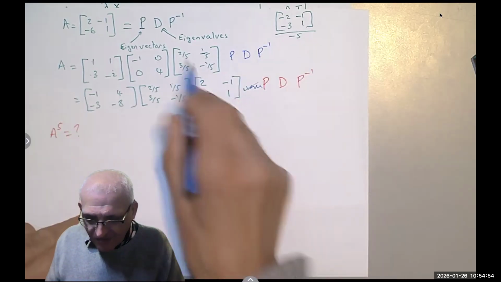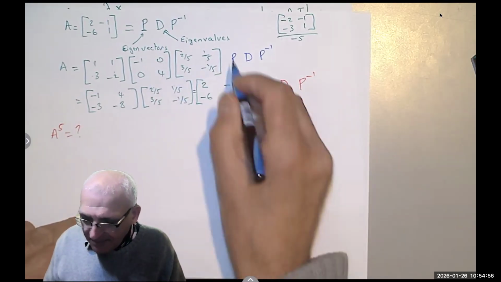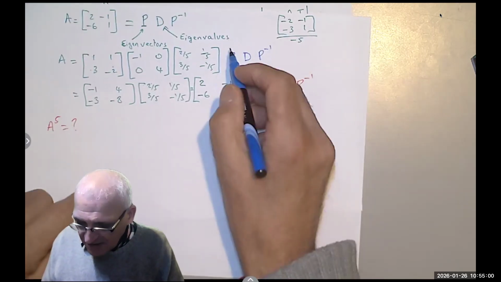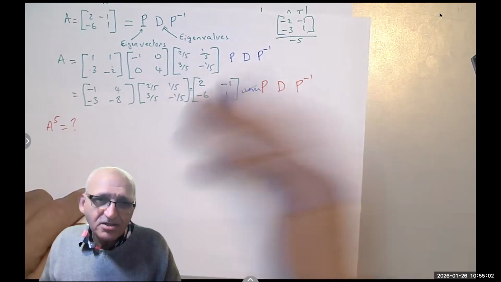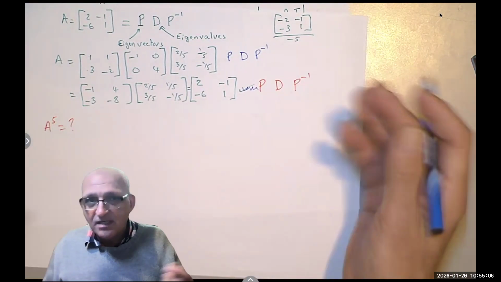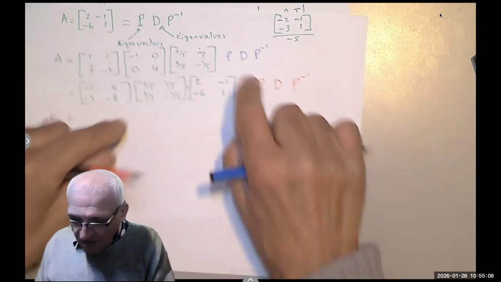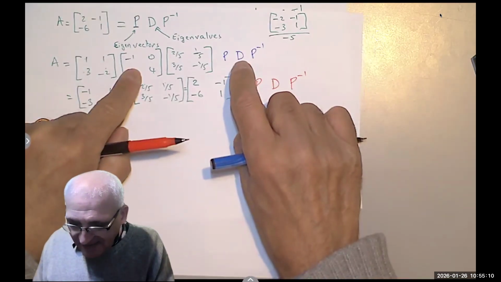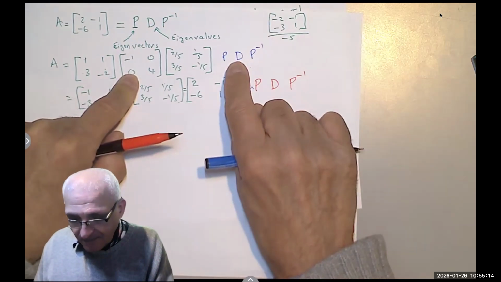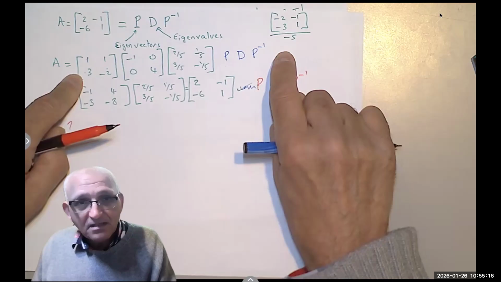This is P inverse, right? So when you multiply it by P, it gives you the I, which is the identity matrix. So they cancel each other because multiplying by I is multiplying by 1. In algebra, it stays the same. So you are multiplying the D by itself, and then you have P and P inverse.